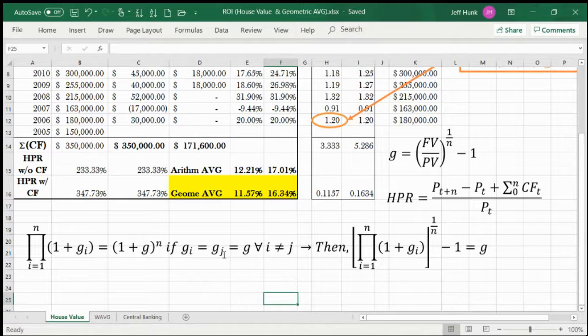But if they are all the same, that means g is the average that makes each annual growth the same. Then g can be solved by the product of all those annual growth rates raised to 1 over n, minus 1.